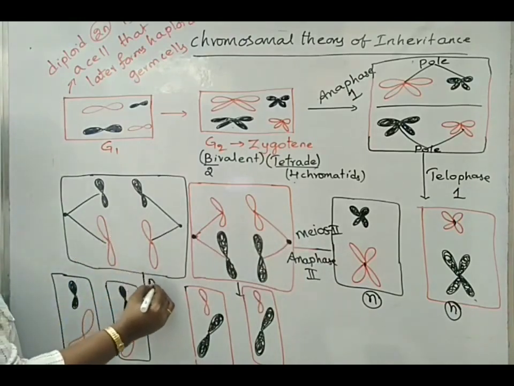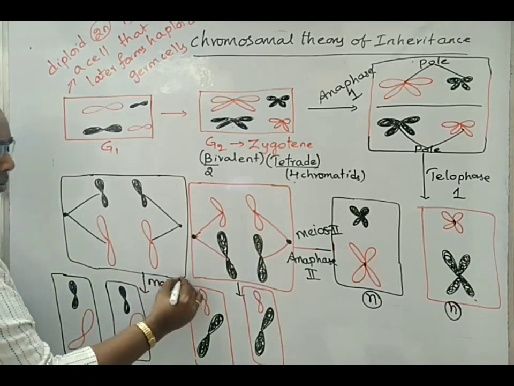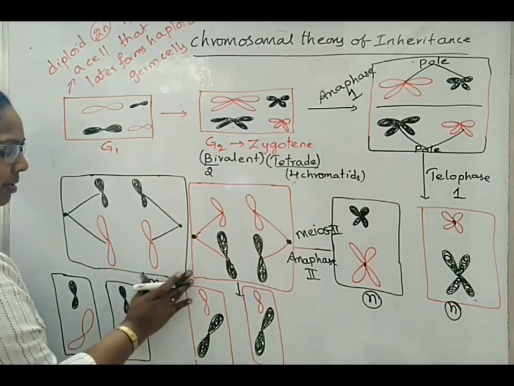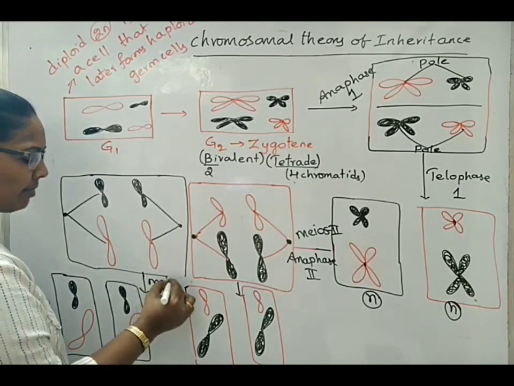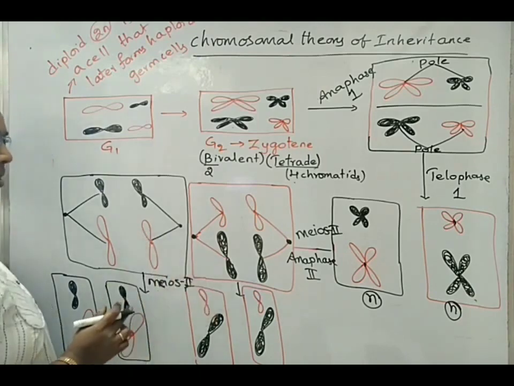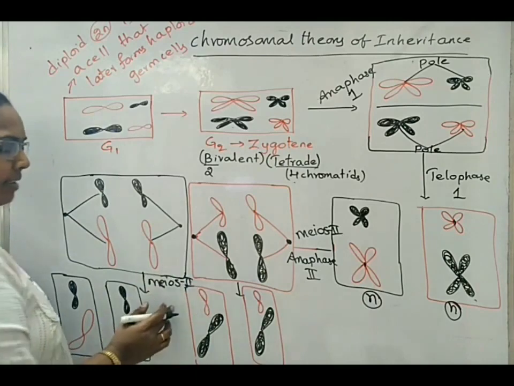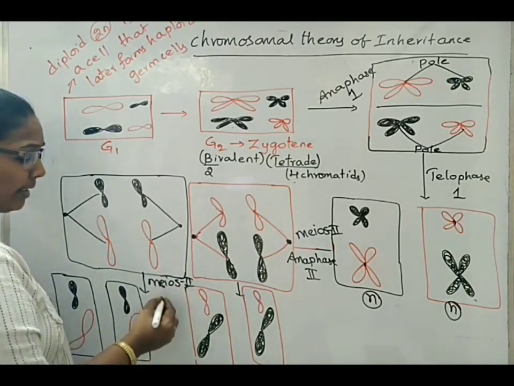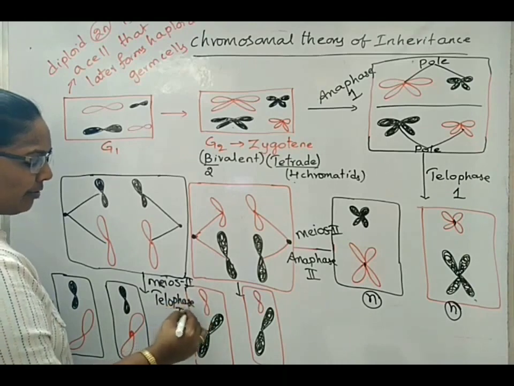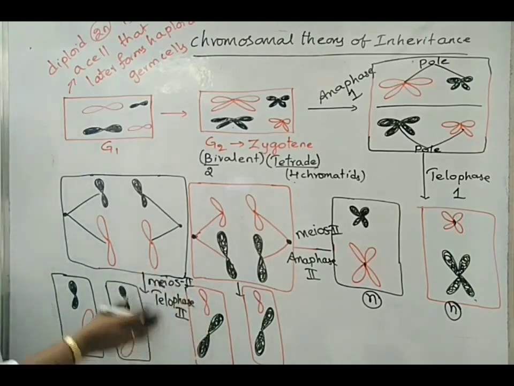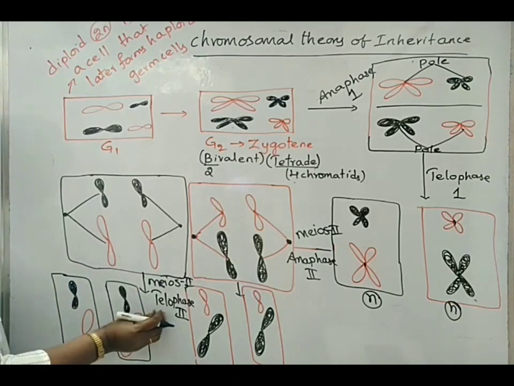Now, when meiosis 2 is ending, the stage will be telophase 2. In telophase 2, each cell shows a division that is equal to mitosis.